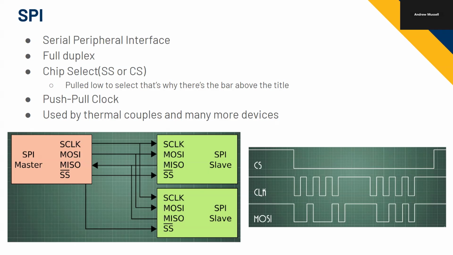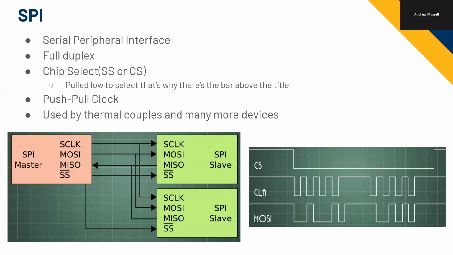What's different about SPI? Number one, we have two communication lines, so the peripheral and the controller can talk to each other at the same time. Then we have the clock line once again, so we can clock our message. But we also have the chip select, sometimes called slave select, SS or CS. This is pulled low depending on which chip I want to talk to. For all the other communications we talked about, all the wires are shared.